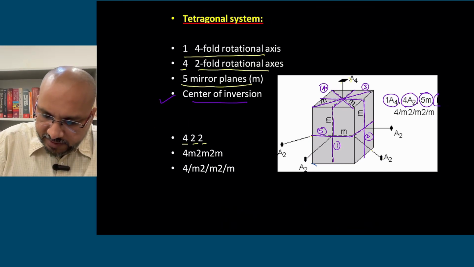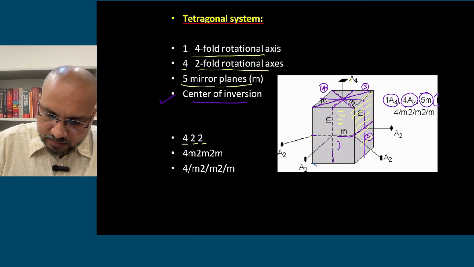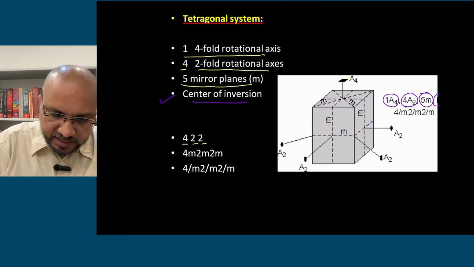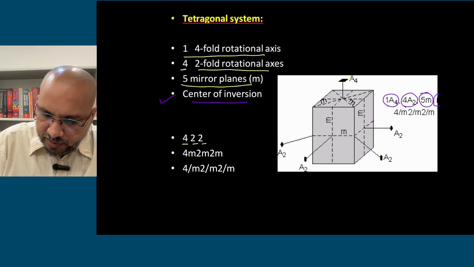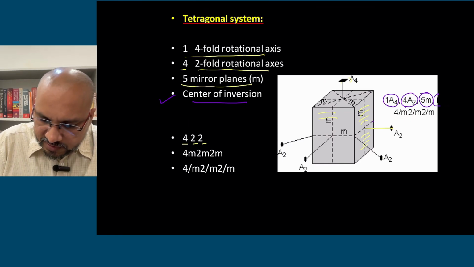See, this face is similar to this face, right? These two faces are same. Sorry, it was a mistake on my part. There are only two unique two-fold rotation axes. Totally four rotational axes are there, but only two are unique, because this face, from the center of which the two-fold rotation axis is passing, is similar to this face.